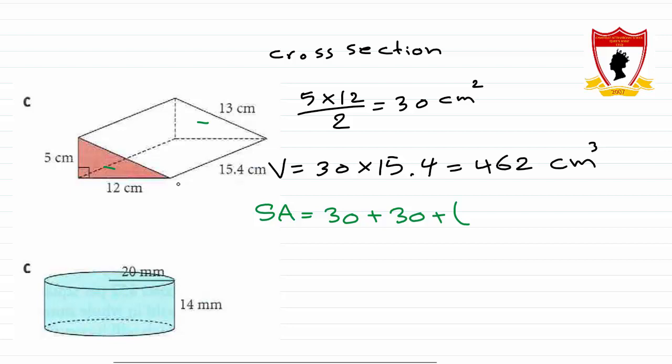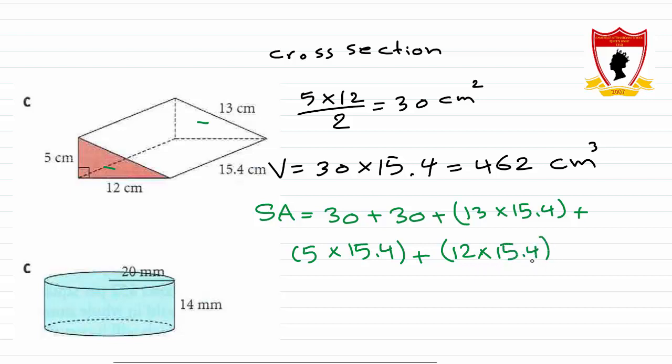This rectangle is 13 by 15.4, so 13 times 15.4, plus the area of the rectangle in the back, which is 5 by 15.4, 5 times 15.4, plus the area of this ground, the rectangular face, which is down, is 12 by 15.4. 12 times 15.4.